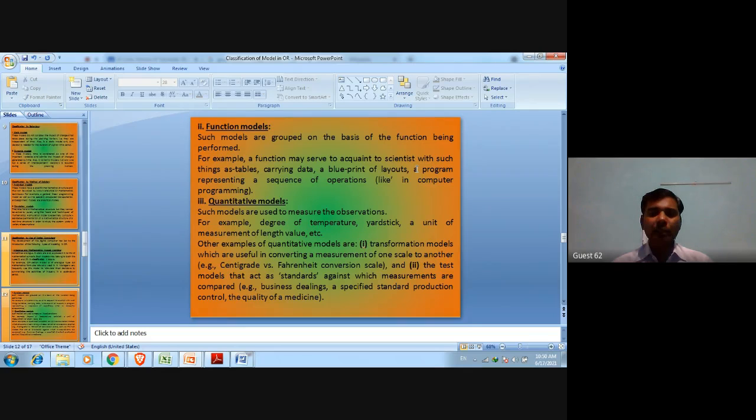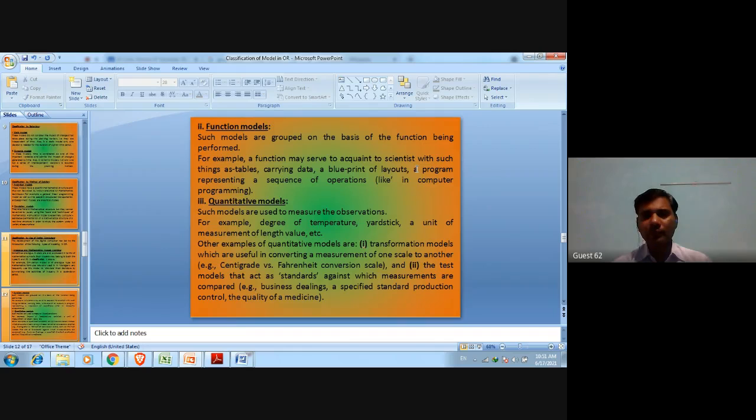And there are test models that act as a standard against which measurements are compared, for example a specified standard in business dealing, or production control of the quality of medicine.